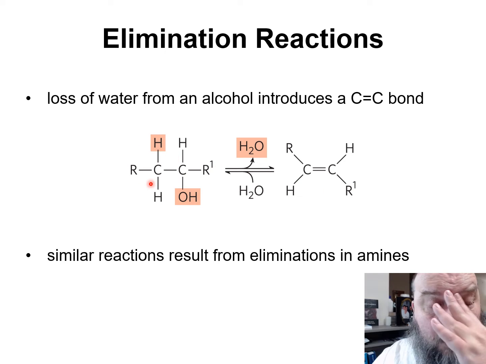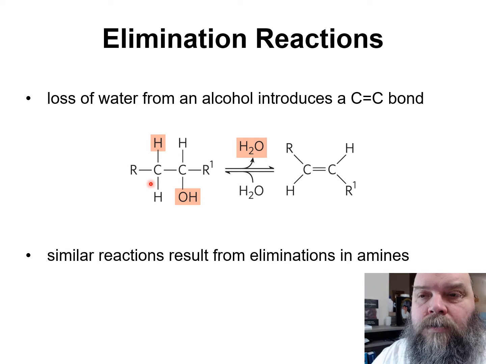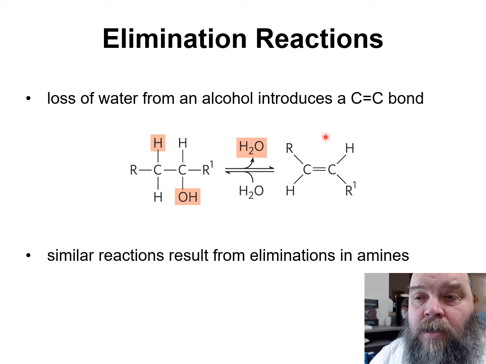So if you want to go from a carbon-carbon single bond, you need to open up some electrons. Well, you need to remove water. Hydrogen, hydroxyl. 2 H's and an O. Water. Means this carbon and that carbon now have electrons in their valence shell that are ready to be shared. So you now go from 2 carbons.